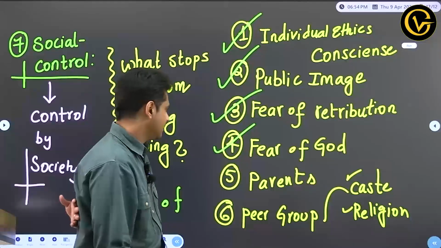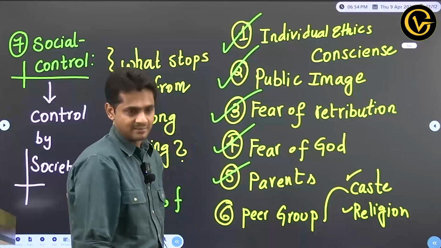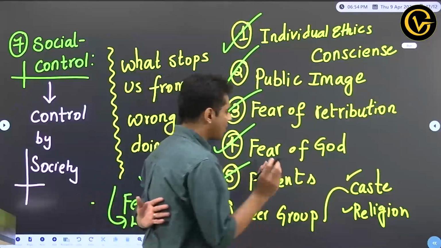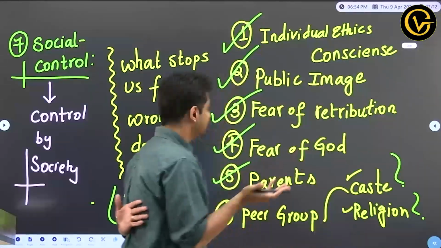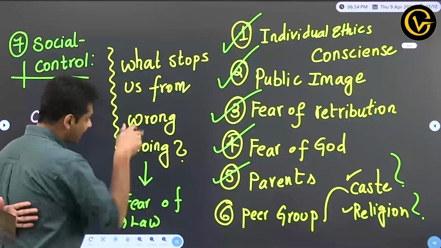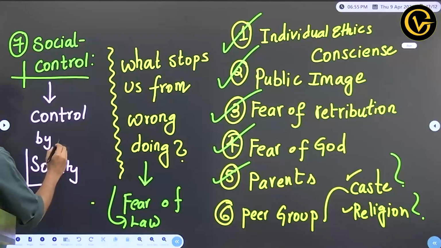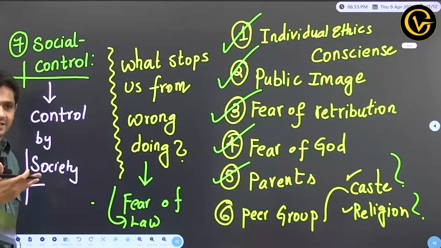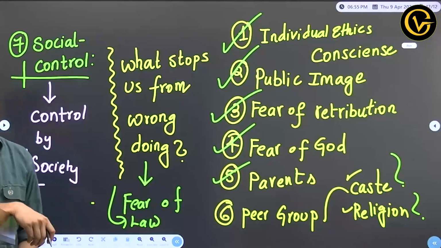The possibility is there. Then your parents have pampered you so much, you no longer fear them. Or you don't give a damn about your caste or religion. Then in that case also, don't you think an individual's actions have to be controlled? In that case, law will come.